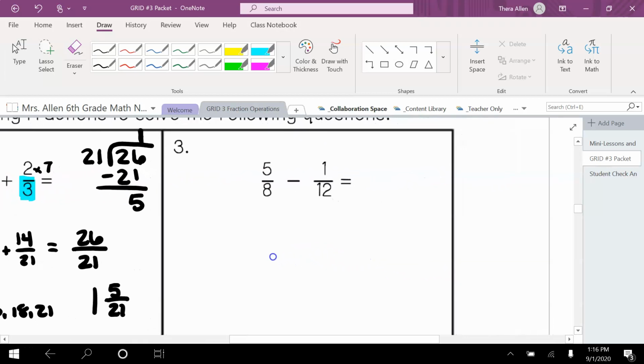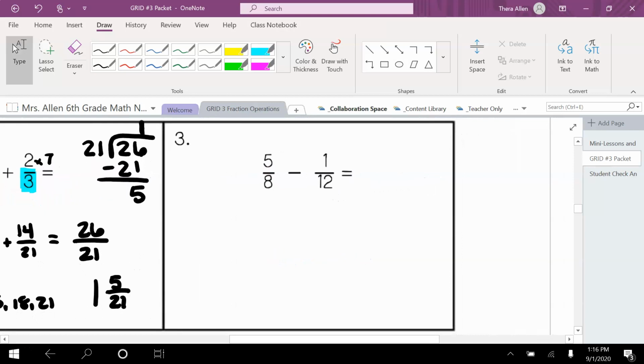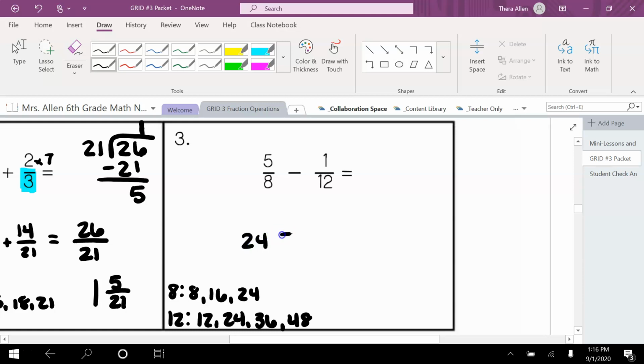Number 3, 5/8 minus 1/12. I need to find a common denominator. 8 and 12. I have 12, 24, 36, 48. I have 8, 16, 24. There we go. 24 is going to be my common denominator. This is subtraction. So even though I've been doing a lot of addition, I have to still pay attention to the sign.